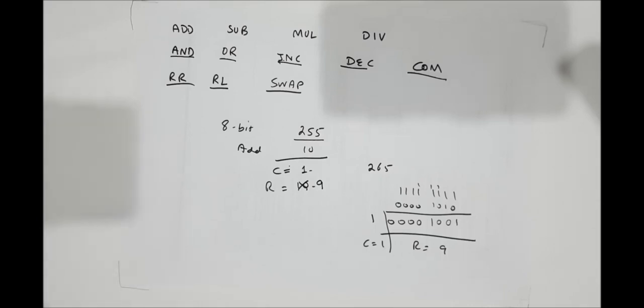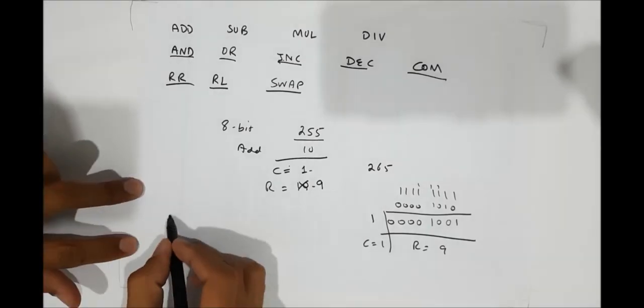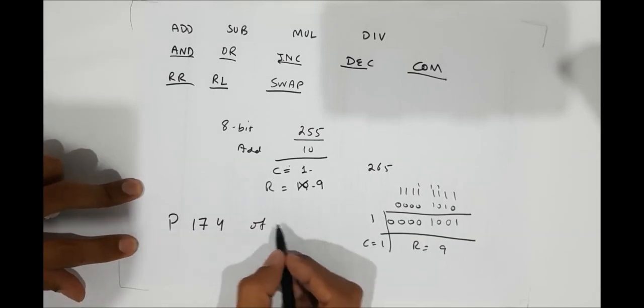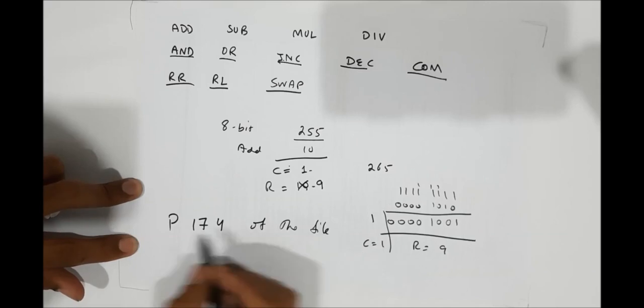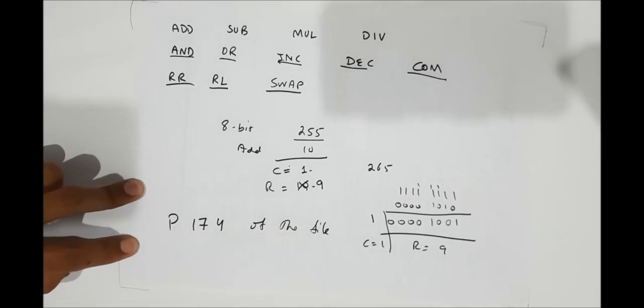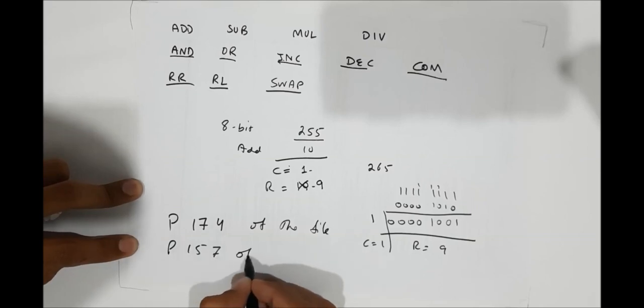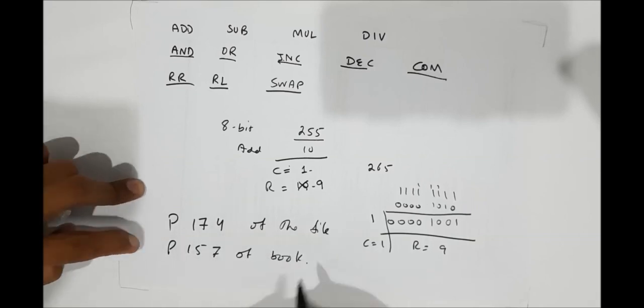We will do some examples from Mazidi's book, page number 174 of the file, and page number 157 of the book itself.